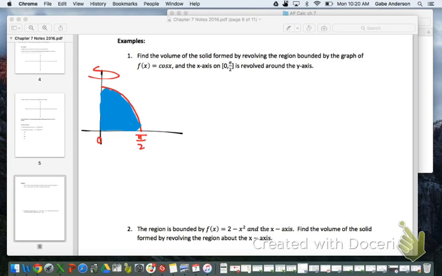So if you remember from before, whenever we're rotating around an axis, the representative rectangle has to be perpendicular to the axis of rotation. So that means that I have to draw in a little rectangle that looks something like that. So like we talked about before, the thickness of the rectangle is key. The thickness of the rectangle is really going to determine all the variables that we'll have in our integrand.